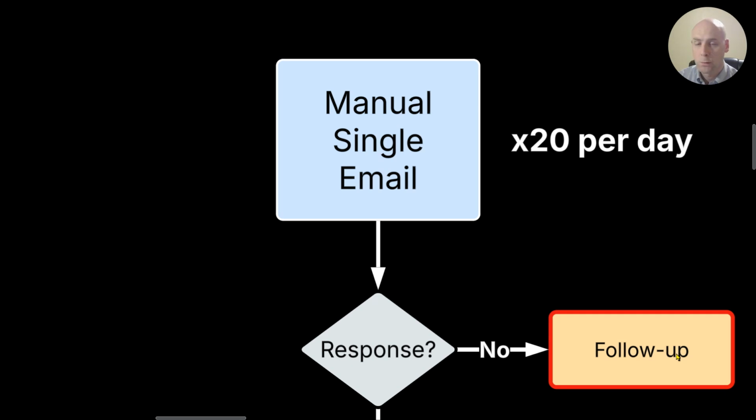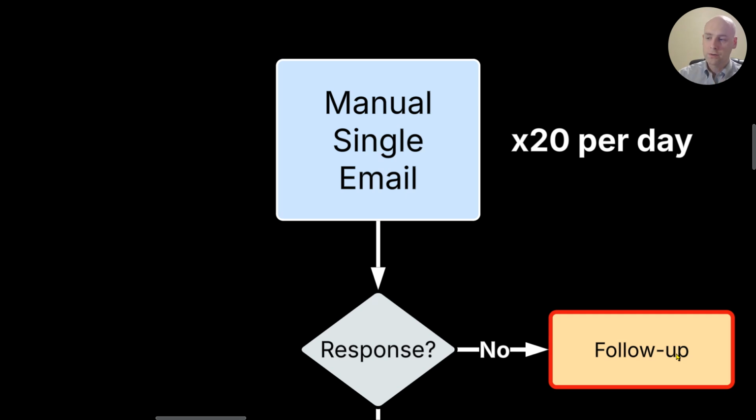So if you watch my previous video, you would understand that there is a high importance for multiple touch points to stay at the top of mind and catch someone at the right opportunity. But just looking at the number of people you reach out to each day, as each day progresses, not only do you have to keep track of the new people that you're reaching out to, you have to keep track of the previous people that you've reached out to and who have not responded.